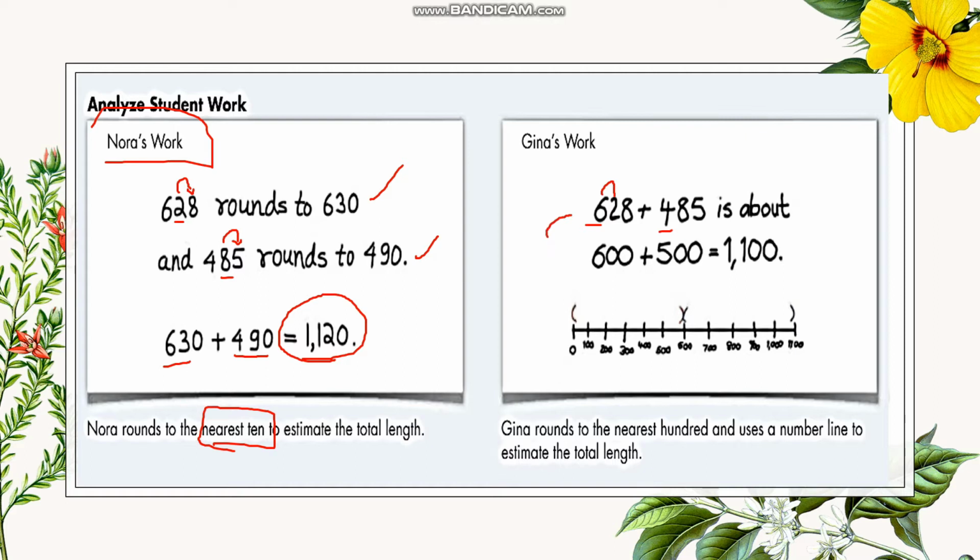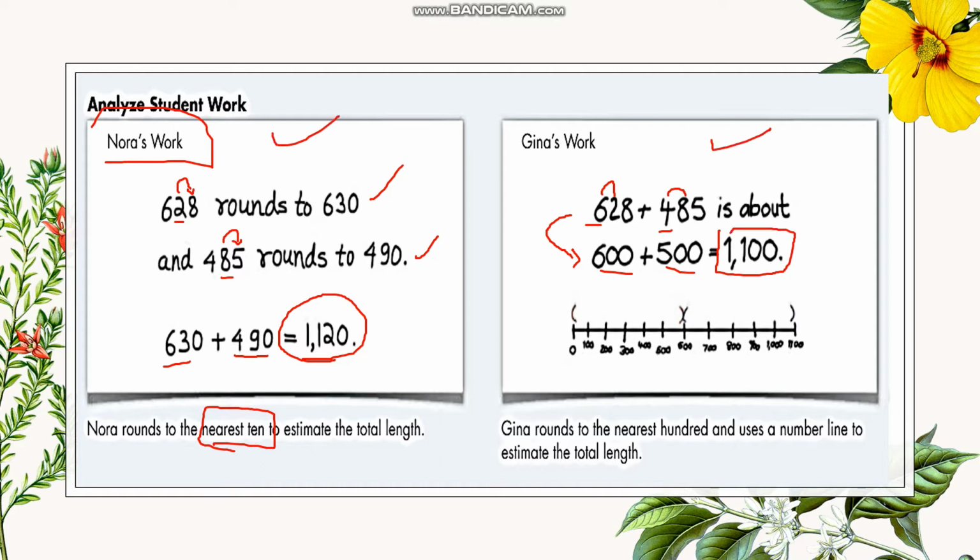That's why 628 is nearest to 600. Then 4 is followed by 8. So we need to add 1 to 4. So 4 becomes 5 and the rest of the digits become 0. So 600 plus 500. So the estimated answer is 1,100. So these are both correct.